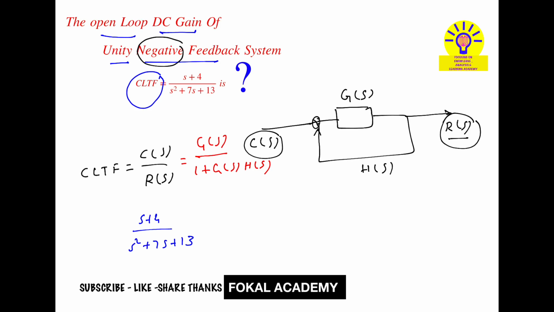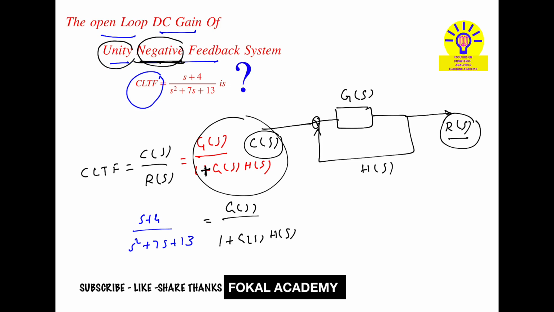Now we equate this transfer function with this equation, that is G(s) upon 1 plus G(s) into H(s). The feedback is negative, that's why I am taking positive here. Now H(s) is 1 because feedback is unity, it becomes (s + 4) upon (s square + 7s + 13) equal to G(s) upon 1 plus G(s). Now from this, how can you find G(s)?